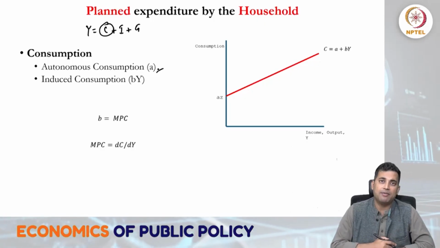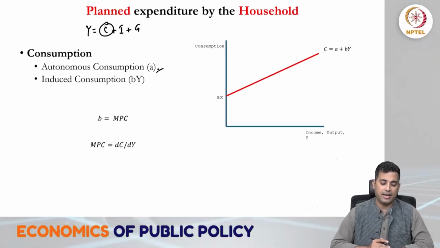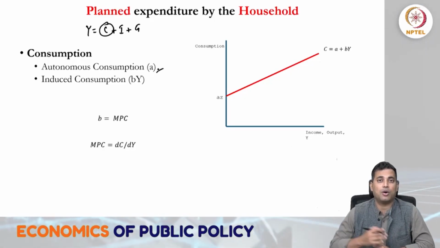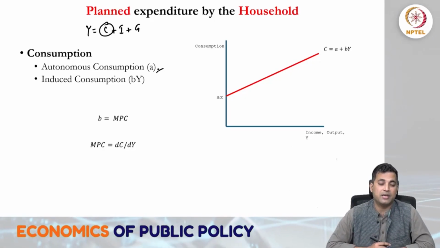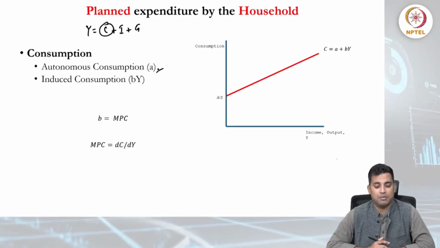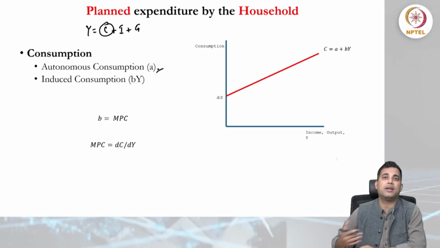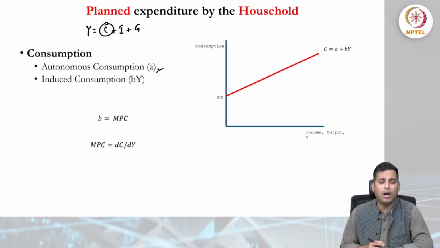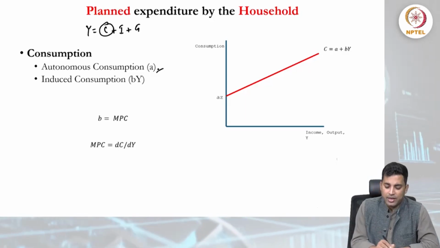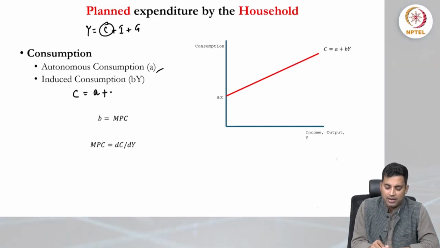At the individual level also we can understand that some of the consumption expenditures are autonomous, while some of the essential consumption depends on the total income, Y. So how can we write it as an equation? We can write C equals small a plus bY.